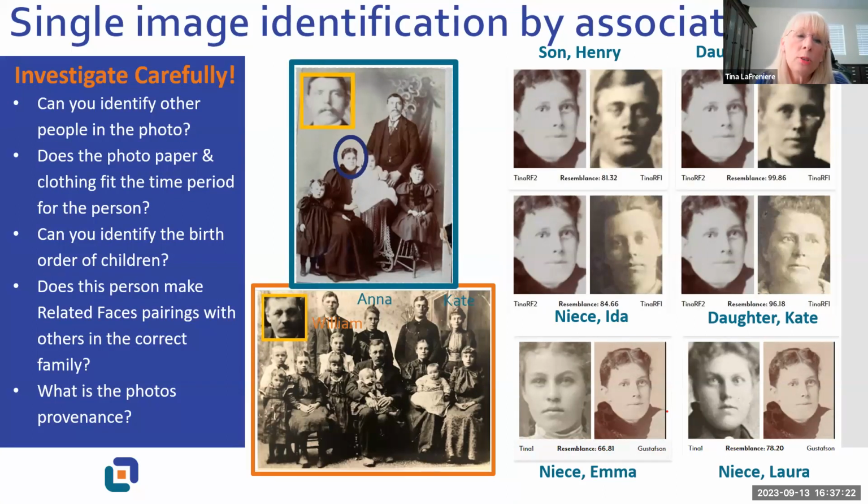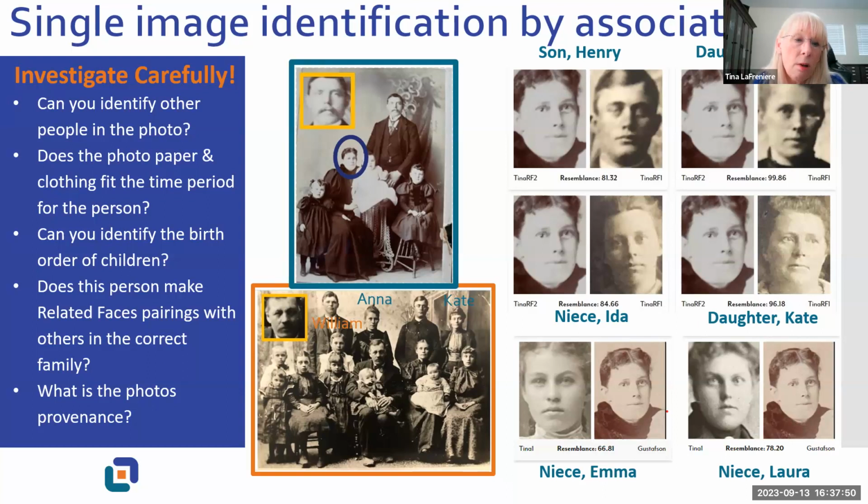Our mother also made a surprising number of familial pairings. She paired with 3 of Eleanor's children, Anna, Catherine, and my great-grandfather, Henry Jr. But the thing that really sealed our belief, this is the only known photo of Eleanor, is that she makes pairings with 3 of the daughters of her sister and her husband, Ida, Emma, and Laura.